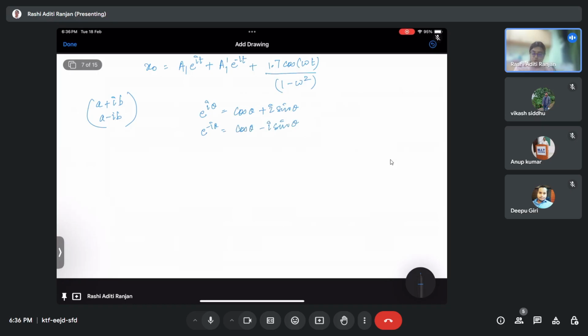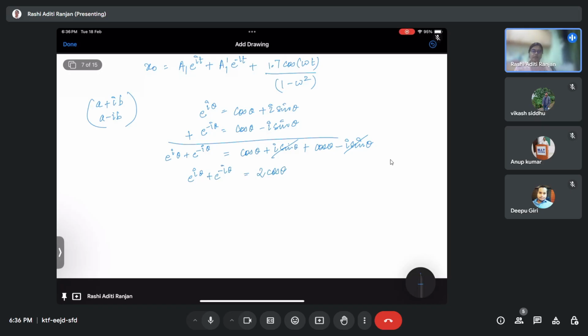We can add both equations. We get e to the power i theta plus e to the power minus i theta equals cos theta plus i sine theta plus cos theta minus i sine theta. The sine terms cancel each other, and we get e to the power i theta plus e to the power minus i theta equals twice cos theta.